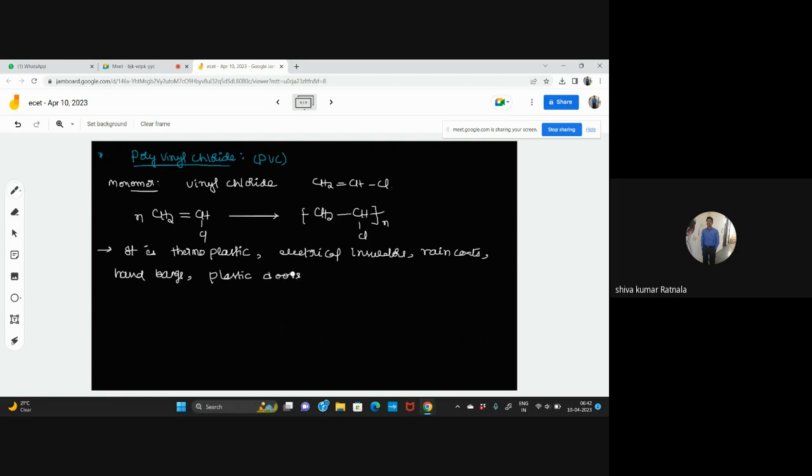In these cases we are going to use PVC. So these are the basic polymers.